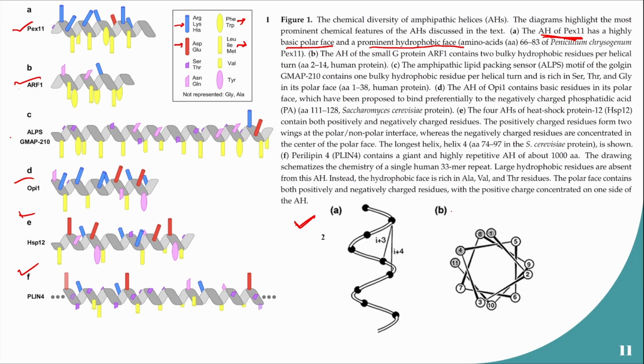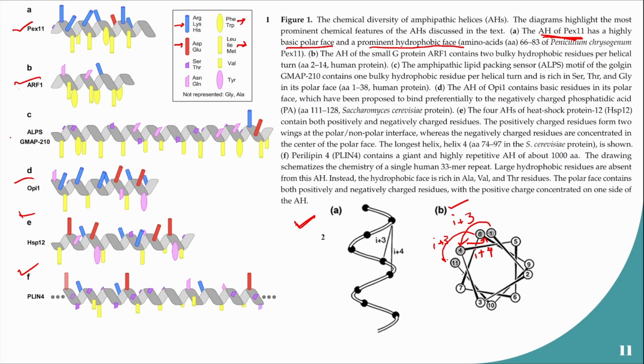For example, in figure B, if you start at this gray position 1, which is a hydrophobic amino acid, and you jump from 1 to 4, it will be I plus 3, right? And then you jump from 4 to 8. This 4 to 8 jump will be I plus 4, because 4 plus 4 is 8. And then again from 8 to 11, you see I plus 3 is indicating the new amino acid.